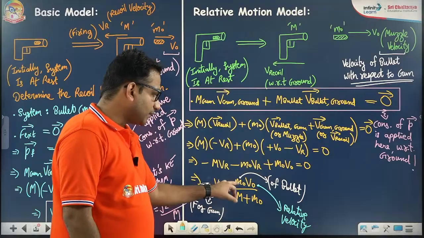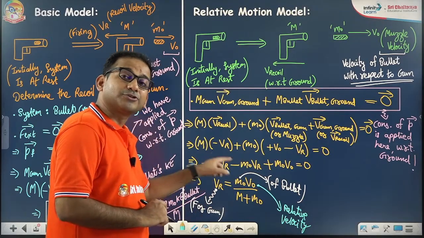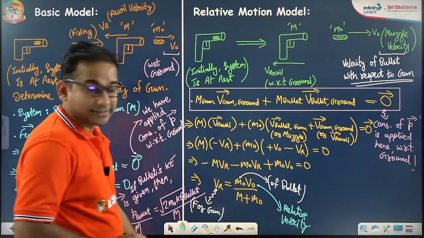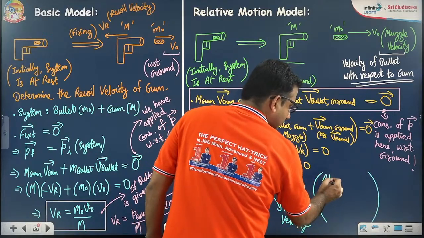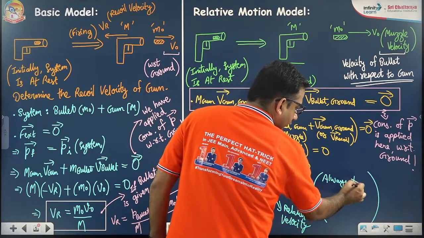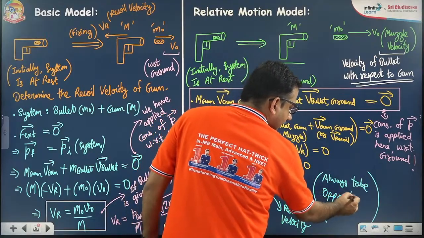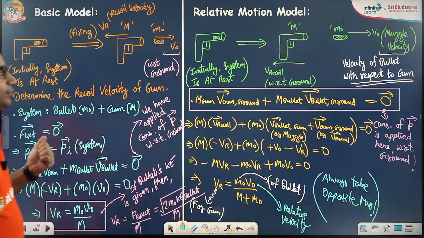Always take opposite mass. If you are writing the recoil velocity of gun, then mass should be taken for the bullet, into relative velocity, by total mass of the system. All right. I hope the comparison of the two cases is clear to you.